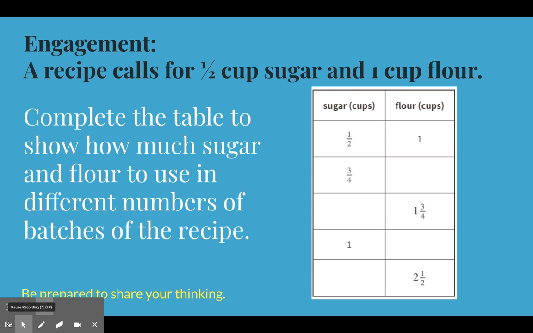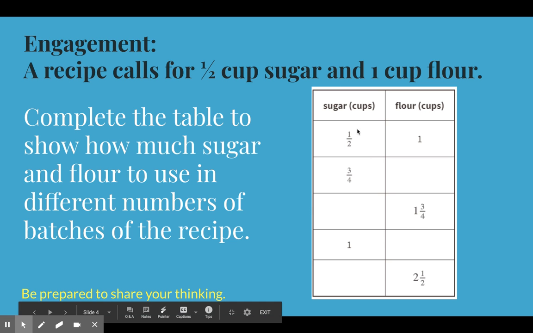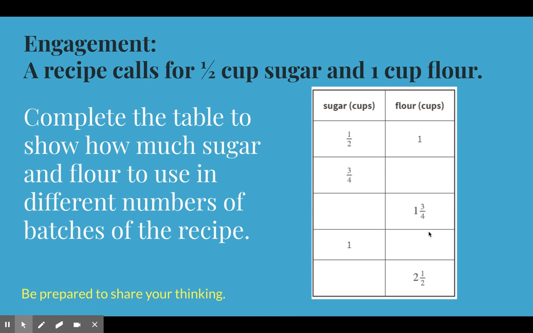And then the next row, 7/8 cups of sugar is for 1 3/4 cups of flour. And then for 1 cup of sugar, this one should have been an easy one. We need 2 cups of flour because we just doubled it from our first row, 1/2, and we doubled it to 1. So we're going to double 1 and make it 2. So for 1 cup of sugar, we have 2 cups of flour.